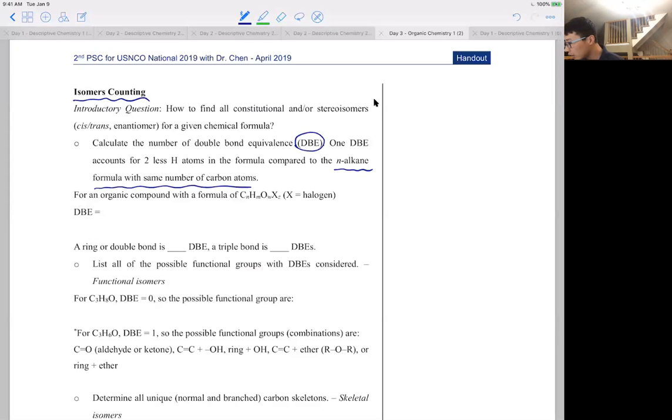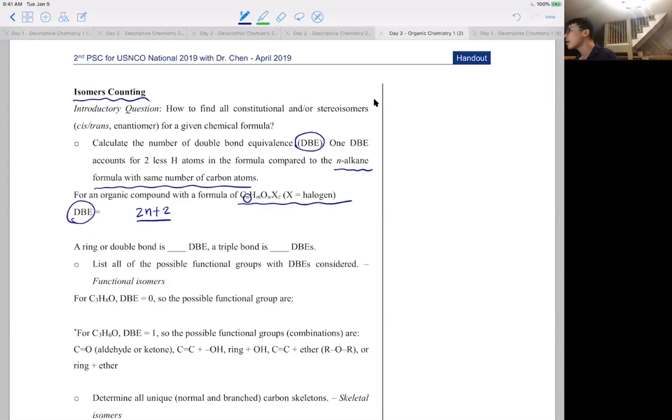So here, if we have a formula like this, can you show what is the formula to calculate the DBE? So we know if we have n carbon, it's supposed to have 2n plus 2 hydrogens, right?